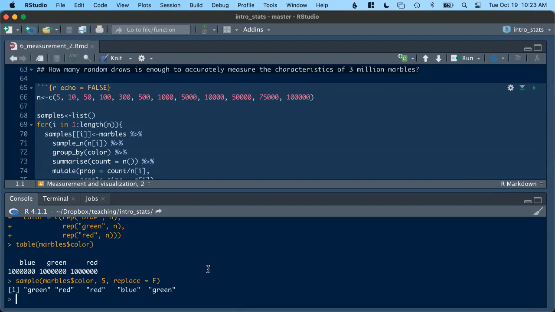So what is X bar red for this sample? How many reds did I get? Out of how many total? 5. So 2 over 5, 0.4. Right? So my X bar red now is 0.4.